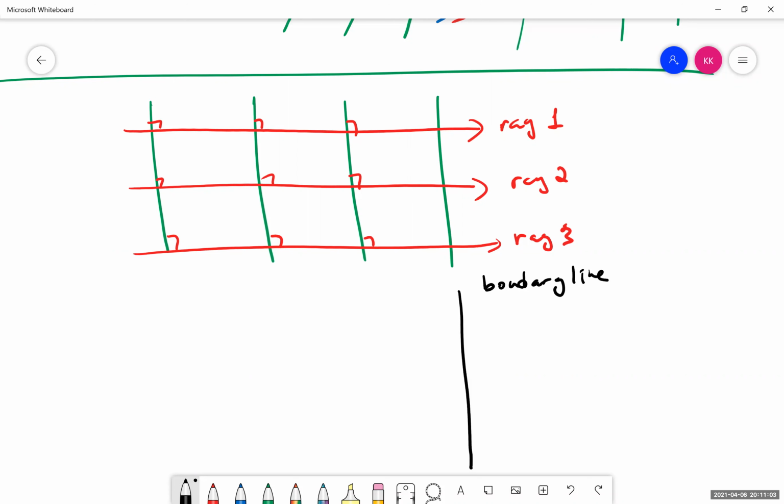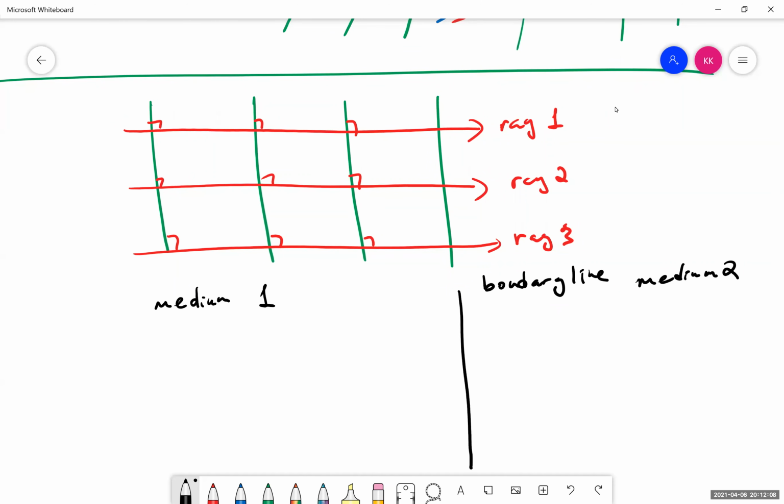This is medium 1, and this is medium 2. So you have two different materials, two different densities, and light goes from one medium to another.